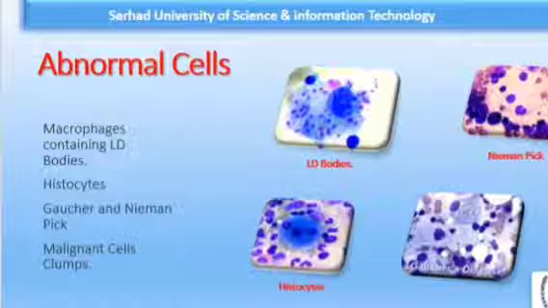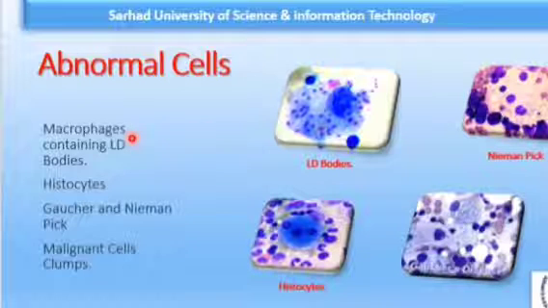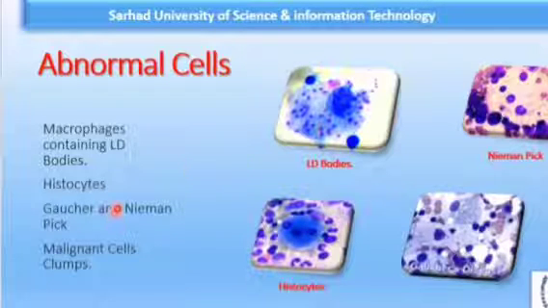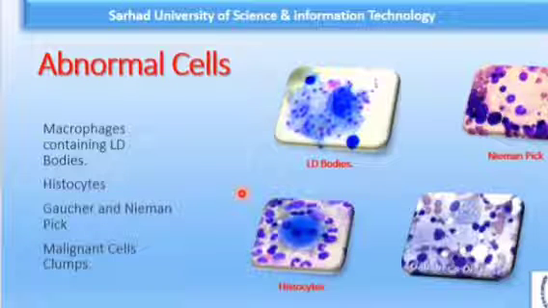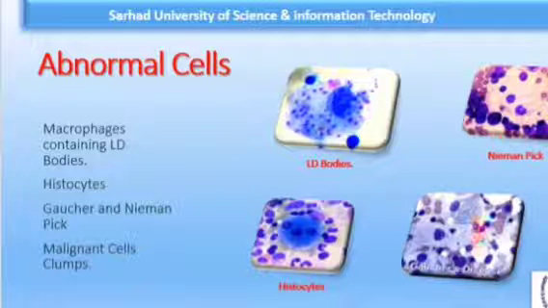So the fourth thing is abnormal cells. Examine for abnormal cells like macrophages containing parasites, LD bodies, histiocytes, which might be with or without hemophagocytosis, and storage cells like Gaucher and Niemann-Pick cells, and clumps of some malignant cells.